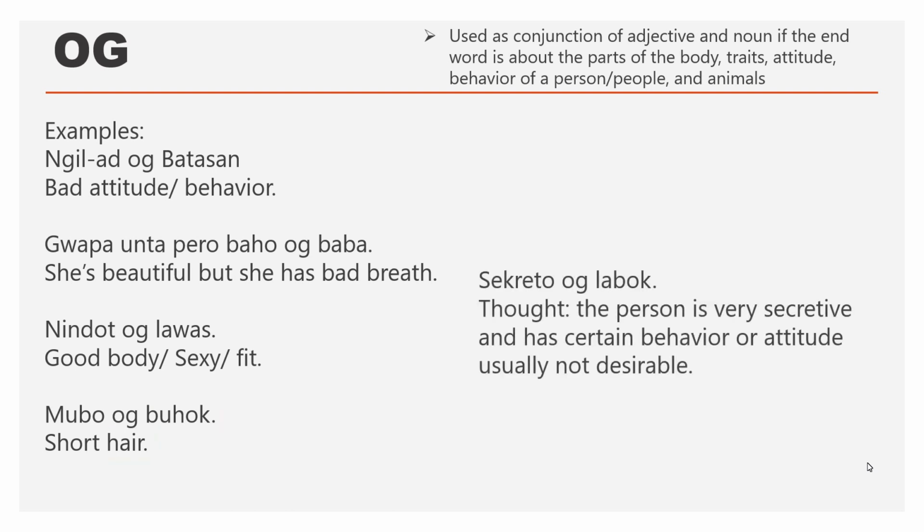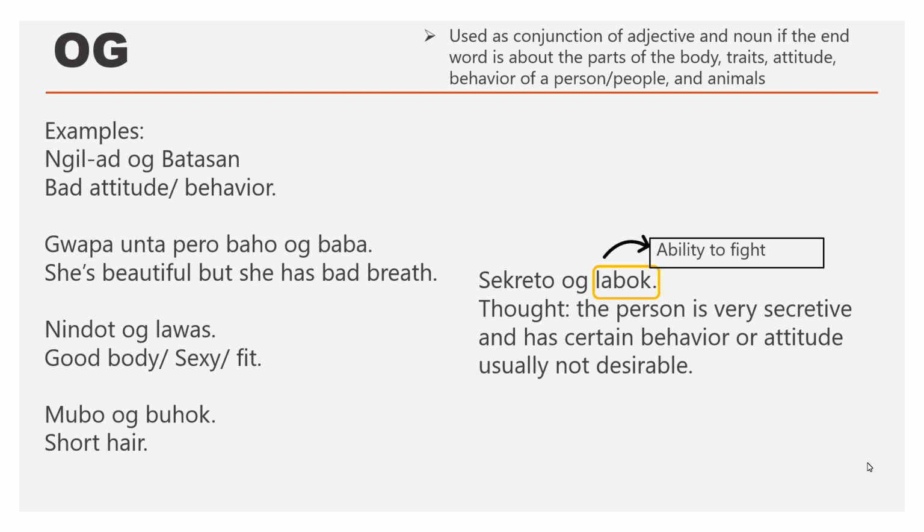Another example we have here is sort of an expression: sekreto og labok. Sekreto is from the English word secret. And labok is the ability to fight. When you say labok, it's usually used in cockfighting, or rooster fighting.